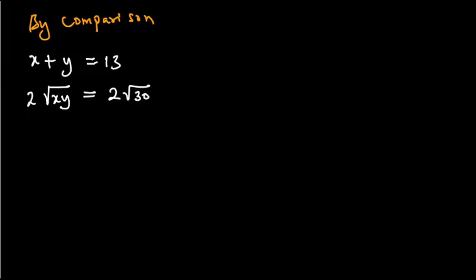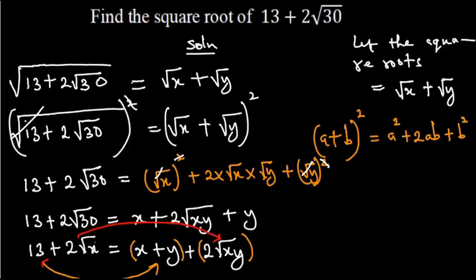So I made a mistake somewhere. This is supposed to be 30 here, not x. Okay, that's corrected now. So that was a mistake. I had x there instead of 30.